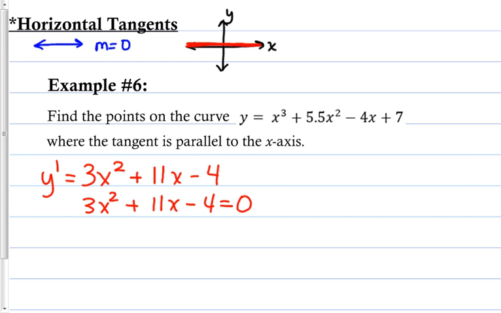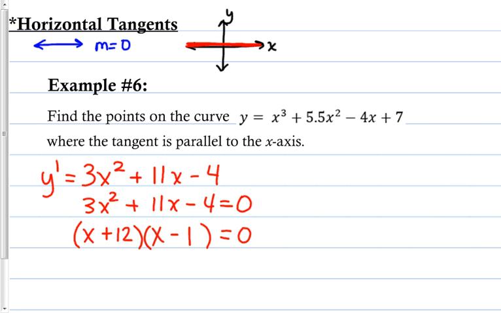And then I'm going to factor this out, and figure out where these points are where my slope is 0. All right, so I need two numbers that multiply up to negative 12, but add up to 11. So I have 12 and negative 1.